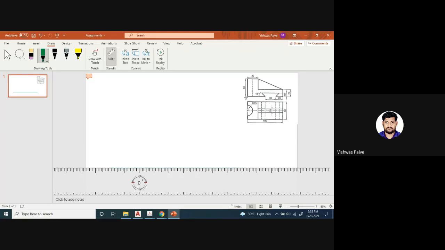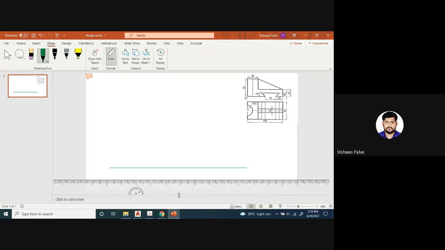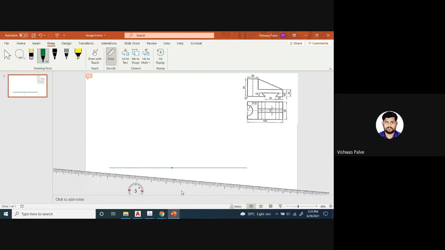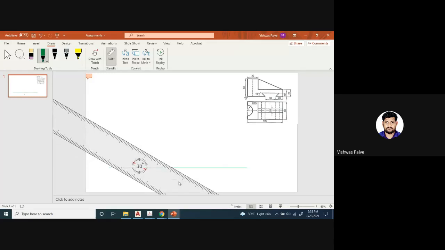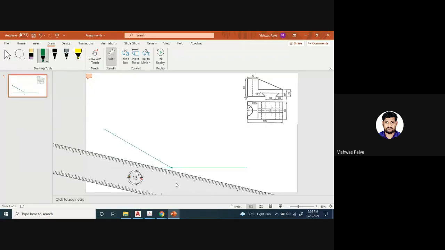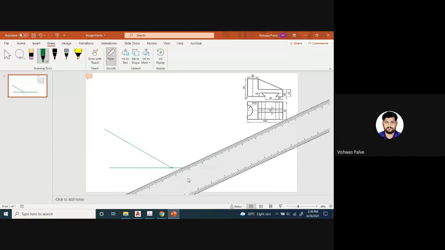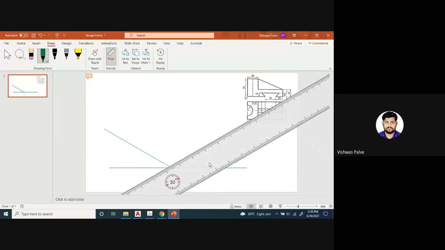First draw a horizontal line, then select a point, the origin O, on that horizontal line. This is my origin. Then draw a 30-degree line. Here I will represent a 30-degree inclined line on the left side, and similarly a 30-degree inclined line on the right side.